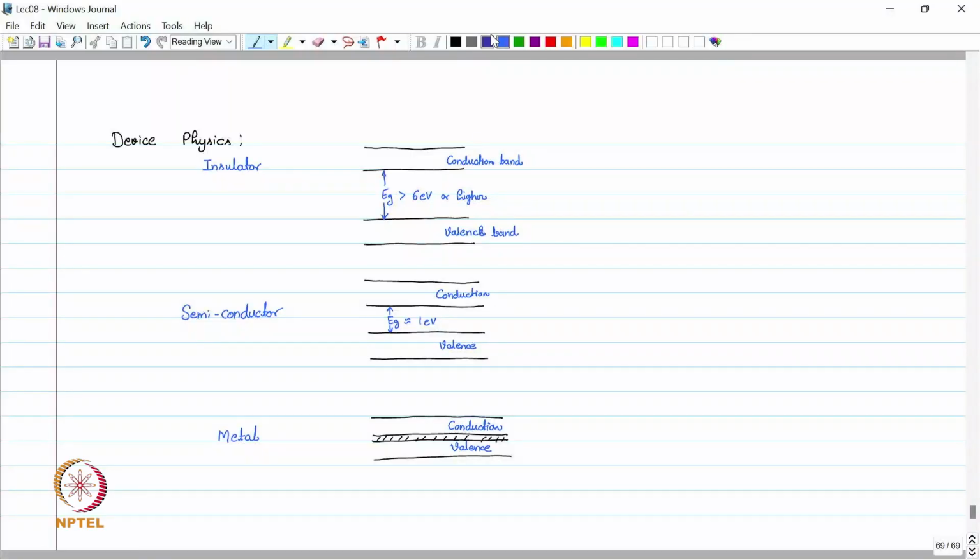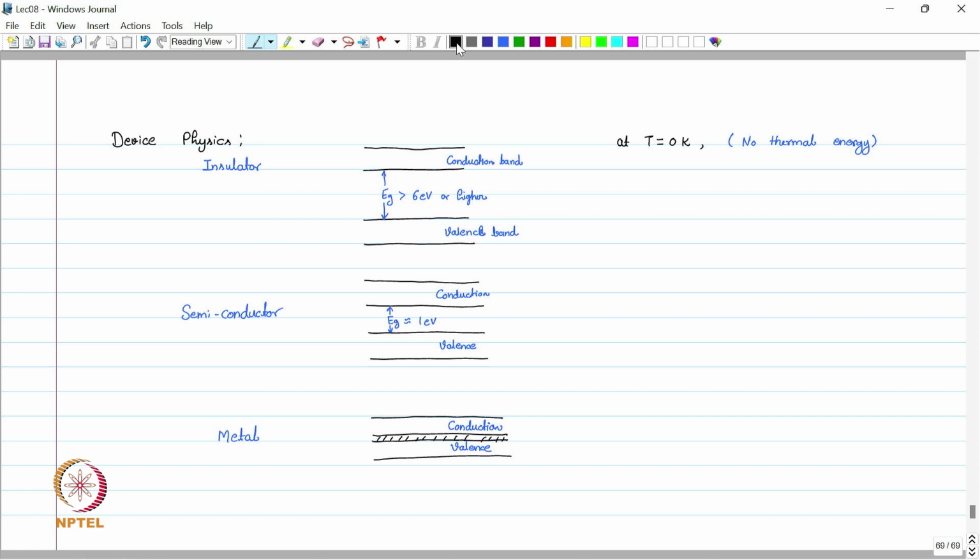If we talk about this semiconductor only, at T equal to 0, meaning the temperature is 0 Kelvin, there is no thermal energy. So there is no thermal energy available to electrons from outside.